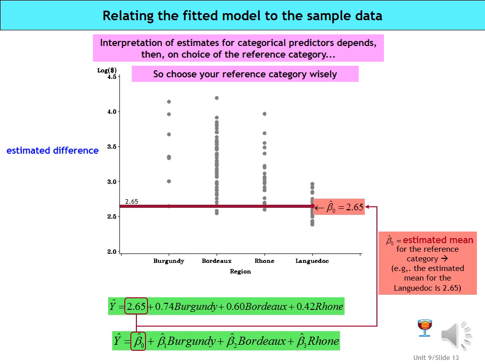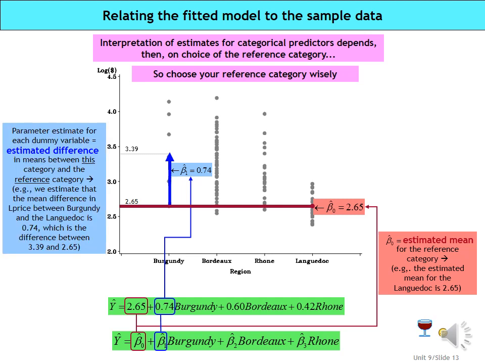So this is again fitting the model to the sample data. Here is the estimated mean for the reference category. The estimated mean for Languedoc is 2.65, which is the data point right here. This is the mean difference between the Burgundy and Languedoc means: 3.39 minus 2.65, so 0.74 comes in here.